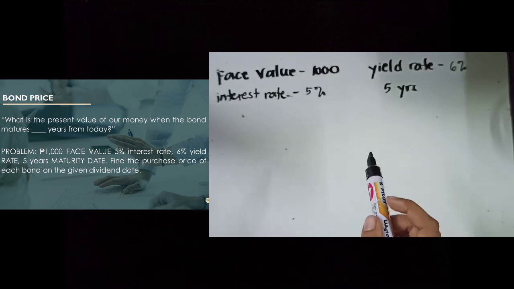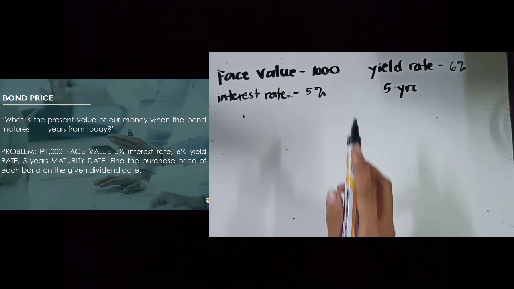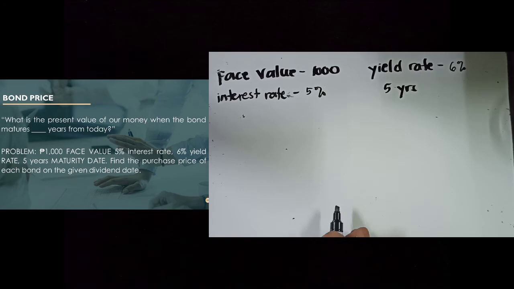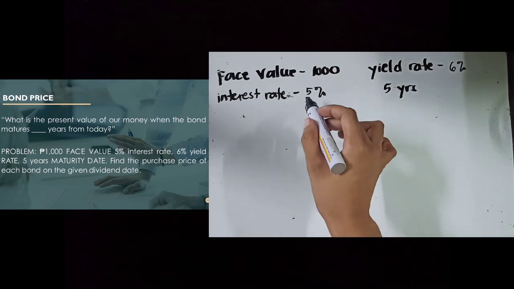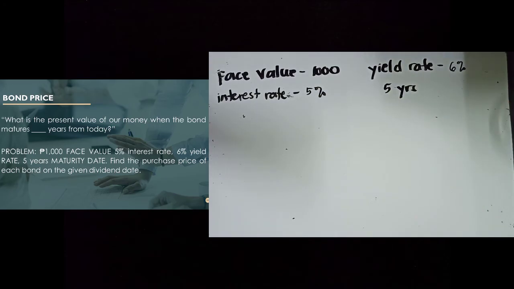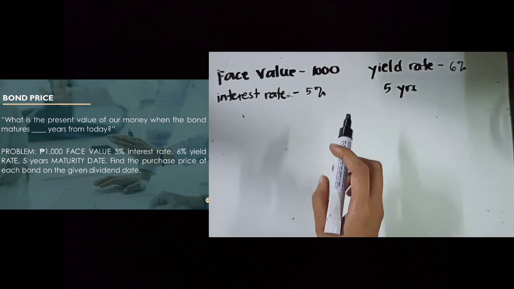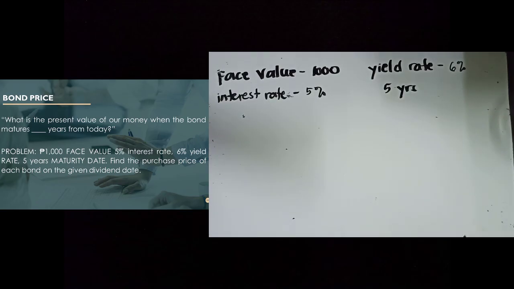So, expect nyo na mas mababa sa 1K yung makukuha nating bond price. Why? Because from 5%, yung rate niya ay naging 6%. Again, kapag tumataas ang rate, bumababa ang bond price. At kapag naman bumaba ang rate, tumataas ang bond price. And vice versa. Okay?